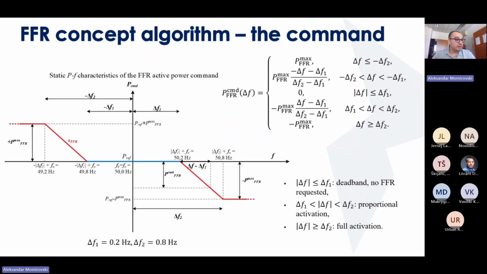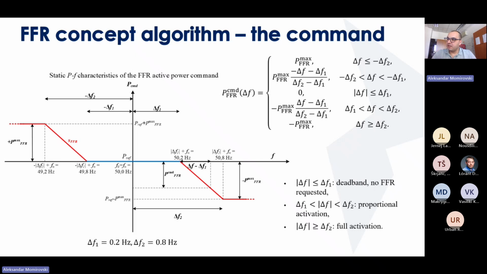And at this point, I would like to really emphasize that behind every one of these numbers, there is a story which can be read about in the upcoming deliverable for this FFR concept.